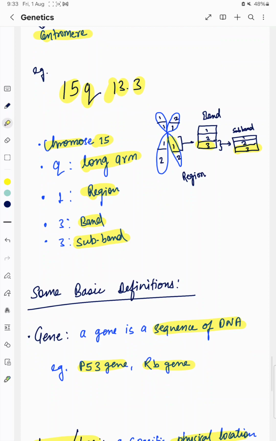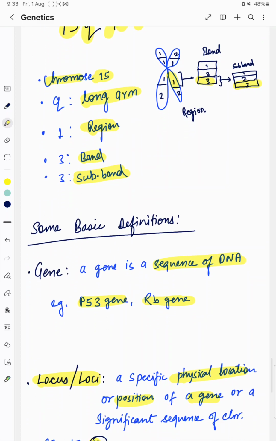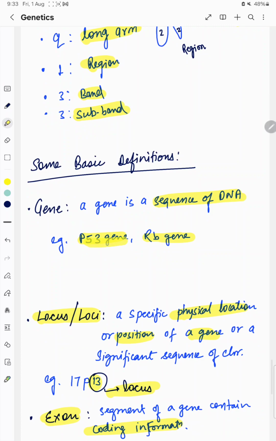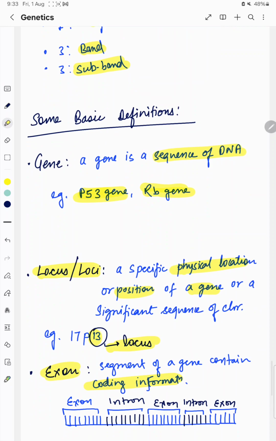Now we will discuss some basic definitions that we should know before reading about genetic disorders. What is a gene? A gene is a sequence of DNA which carries some information. For example, the P53 gene and RB gene. What is a locus or loci?